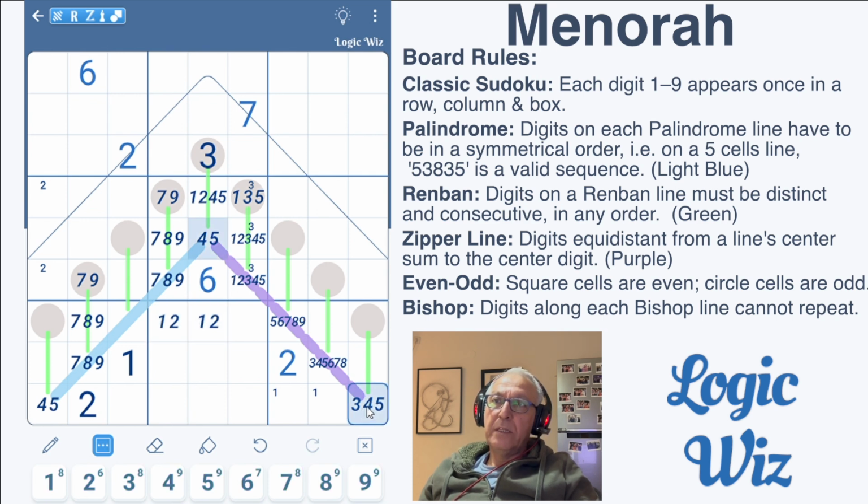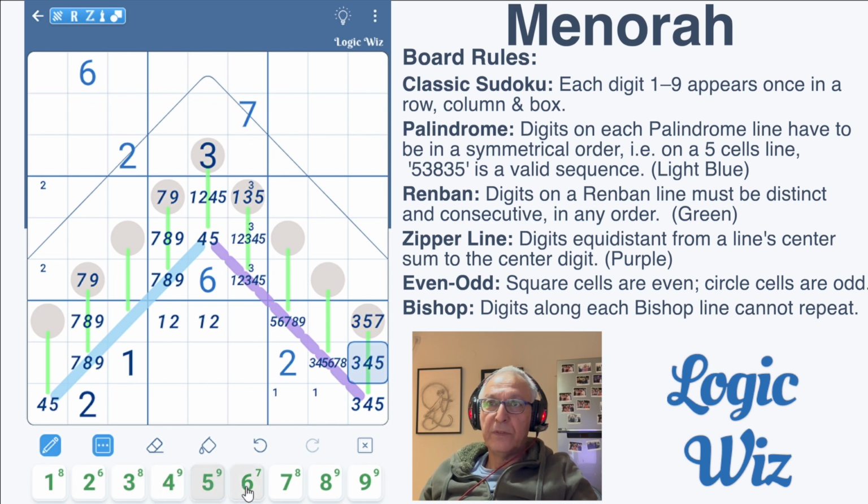Okay, with these 3 digits, the maximum digits that can be here are up to 7, because 5, 6, and 7, that's the max. So here we can have only the odd, so it's 3, 5, and 7, and here it's 3, 4, 5, 6, and 7.